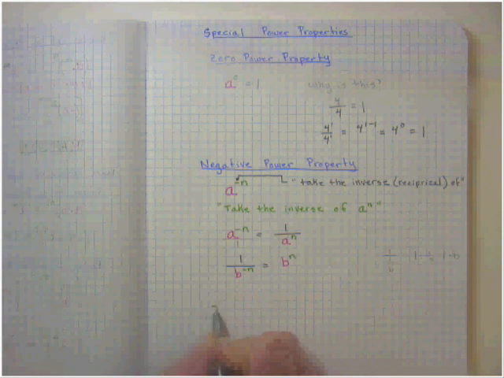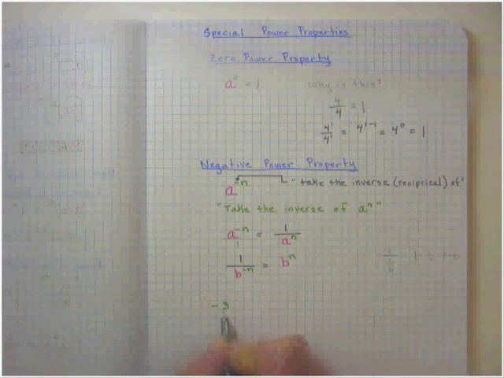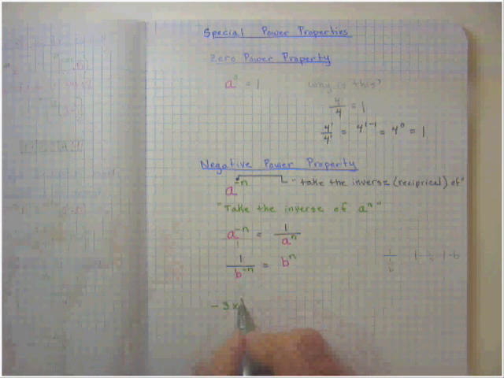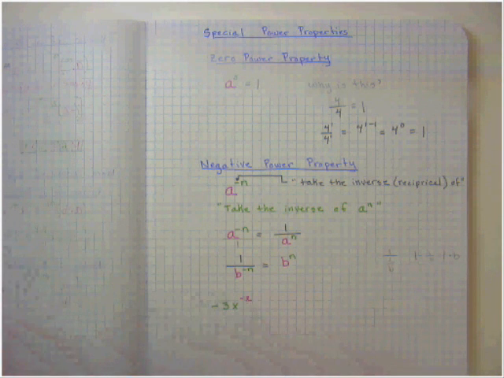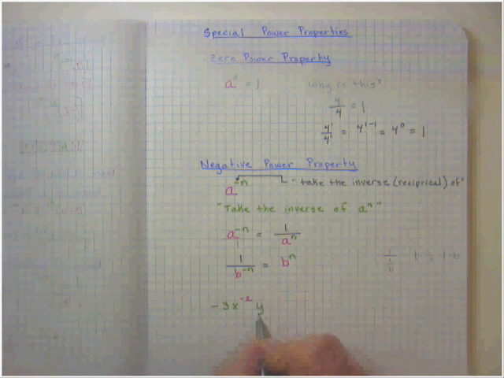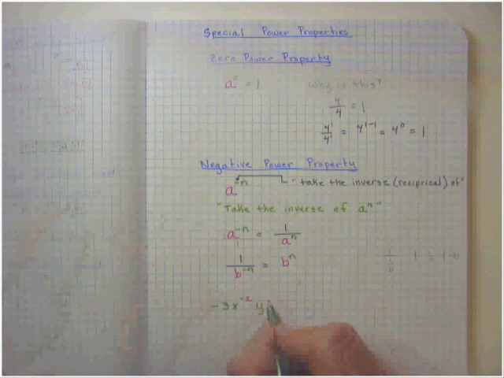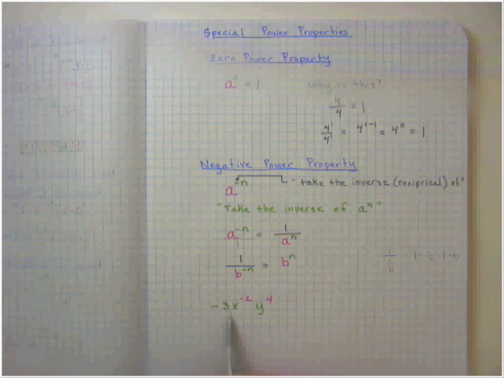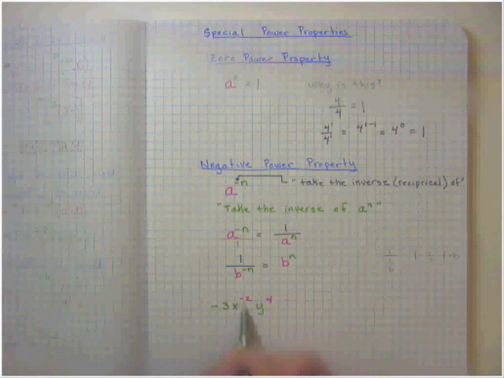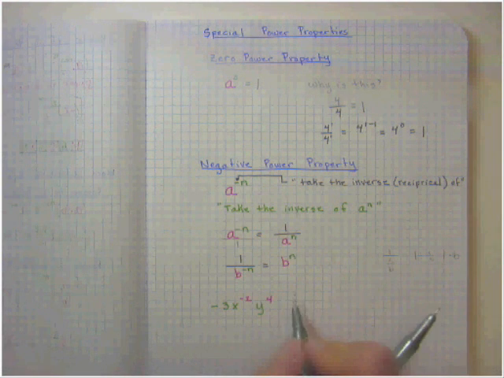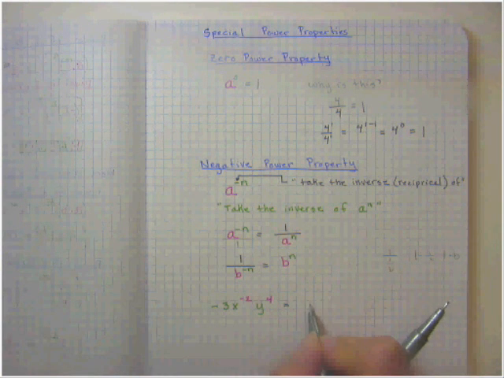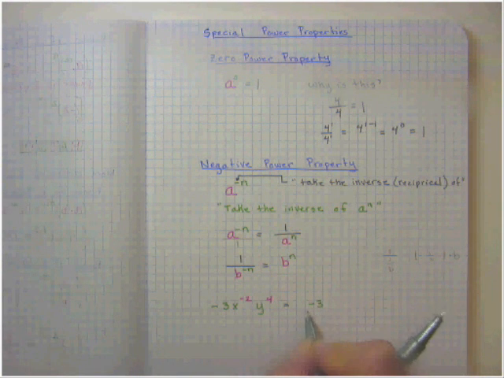So let's look at this as far as numbers go. If I have negative 3 x to the negative 2, y to the 4th. Okay, well, let's look at what we're saying. Does negative 3 have any exponent to it? No. That negative 2 exponent is only going to the x. So nothing's happening to that negative 3. So that negative 3 wants to stay in the numerator.